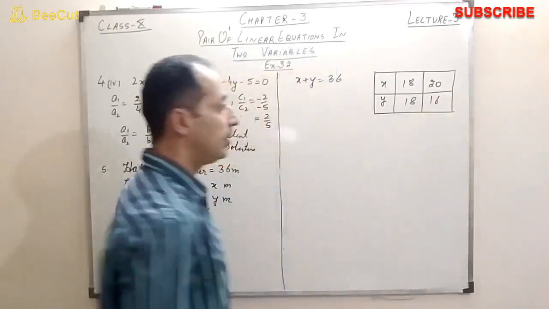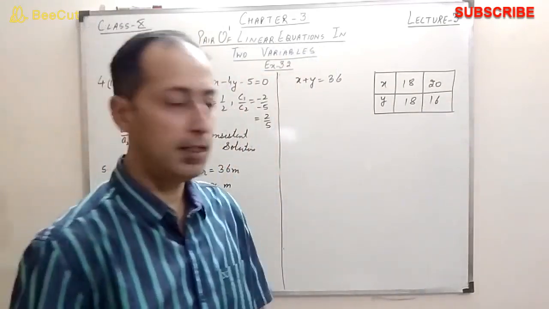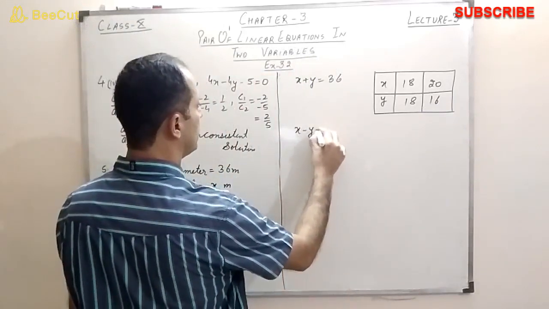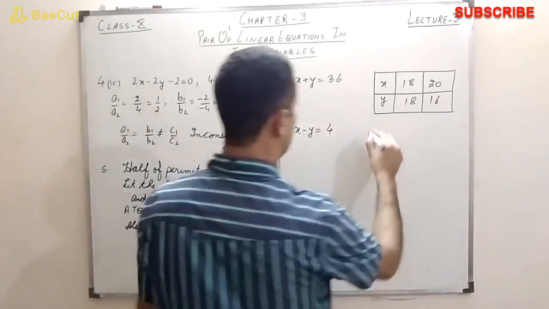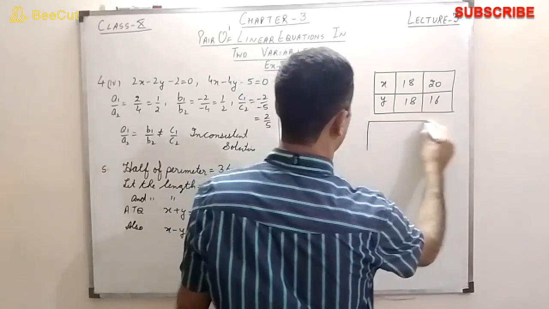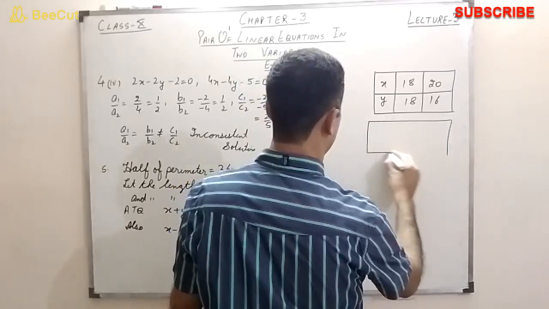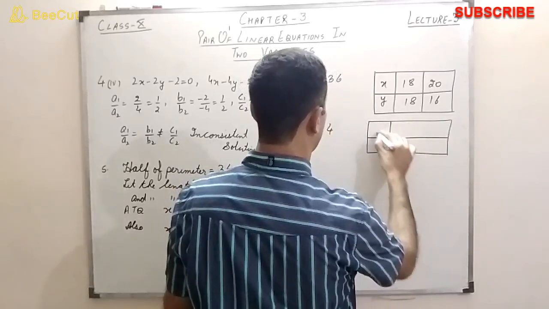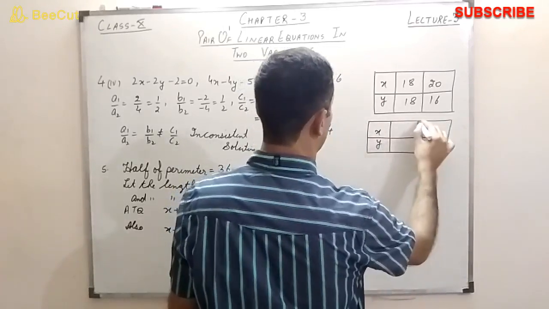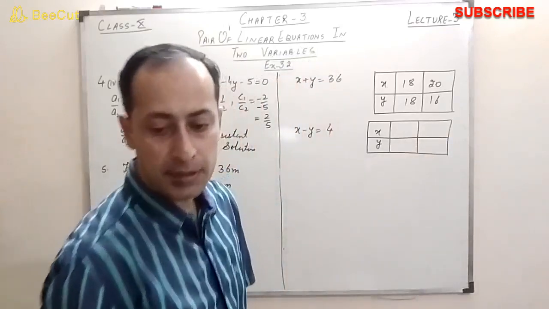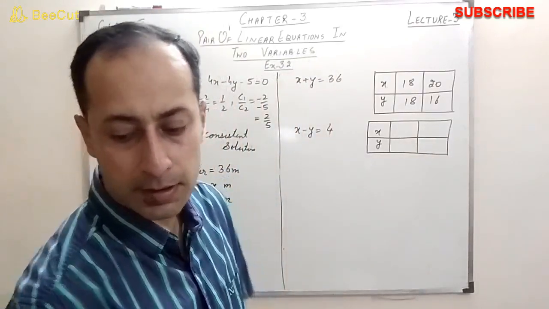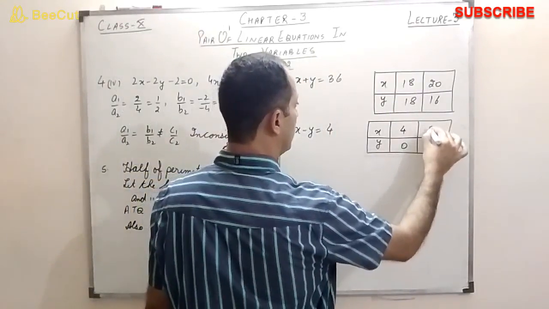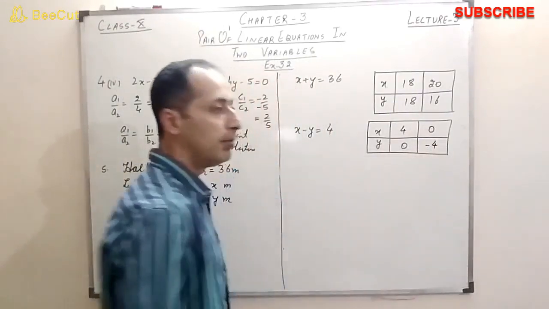These are the two solutions I have taken, you can take different ones also. And the second one is x minus y equals 4. We find two solutions for this equation also. Let me take the same values: 4, 0 and 0, minus 4.